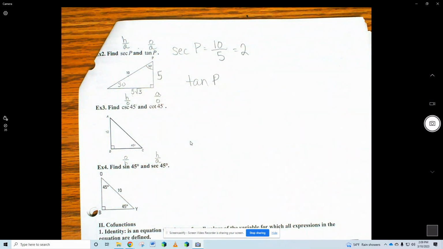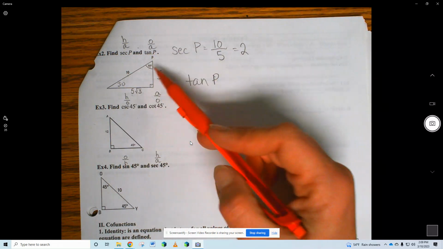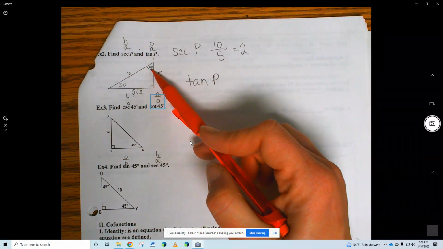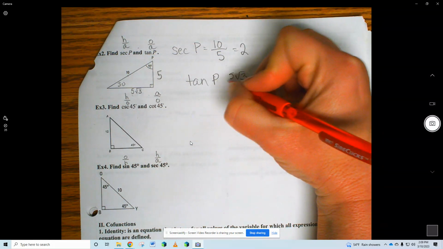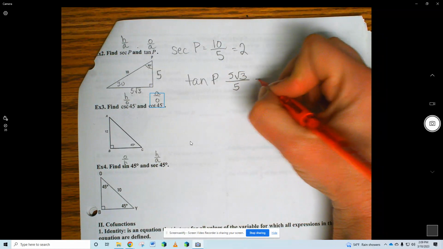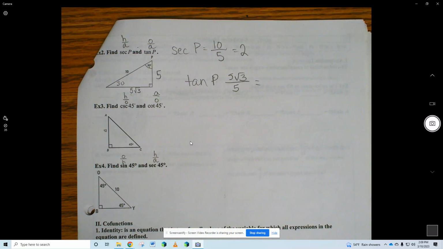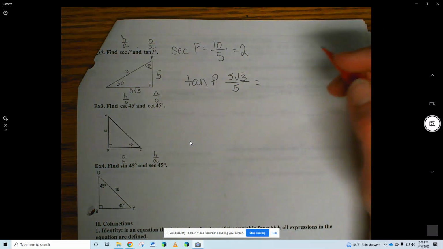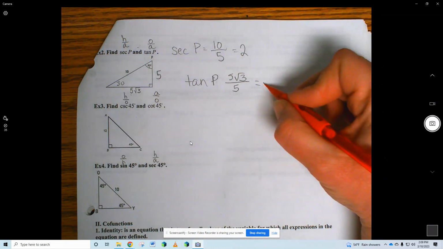And tangent of P is opposite over adjacent. Opposite of angle P is 5 rad 3. Adjacent is 5. Reducing gets me just rad 3.